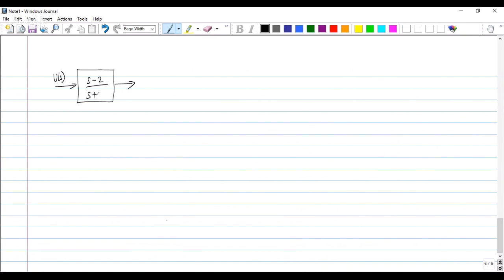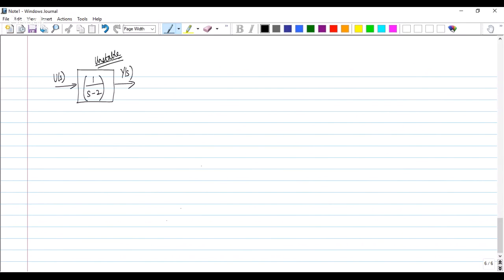Let us say we consider a system whose transfer function is 1 by s minus 2. We immediately see that the system is unstable.